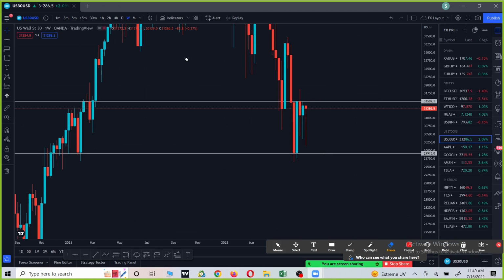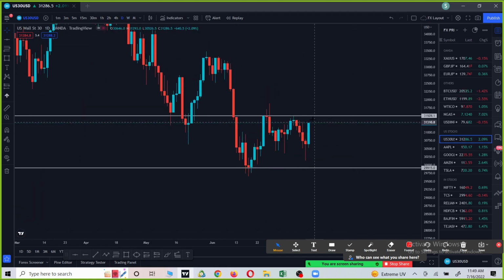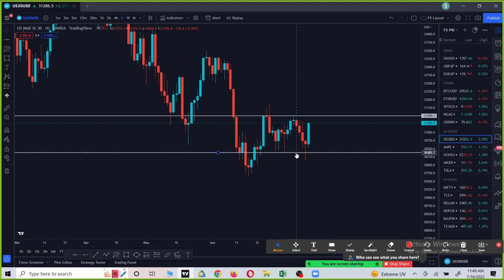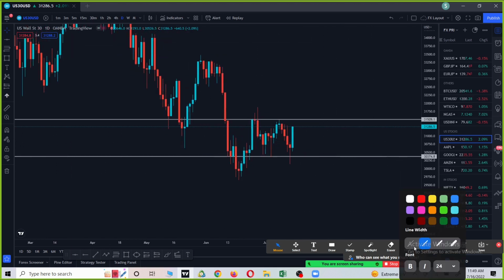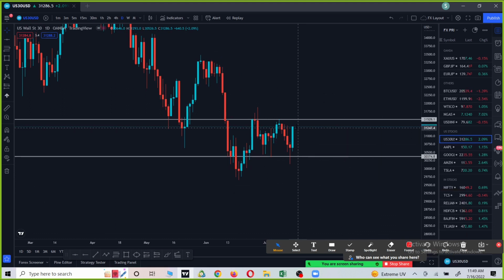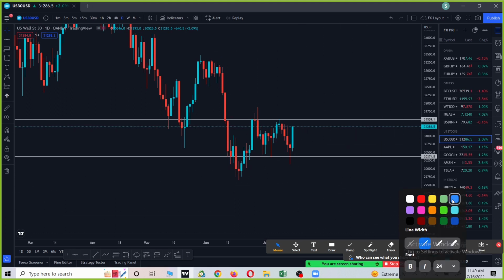Now let's see what's happening on the daily time frame. On the daily time frame, there is a resistance, there is a support, and there is one more support right here. As you can see, the price is in a range, so we want the price to break out of the range.